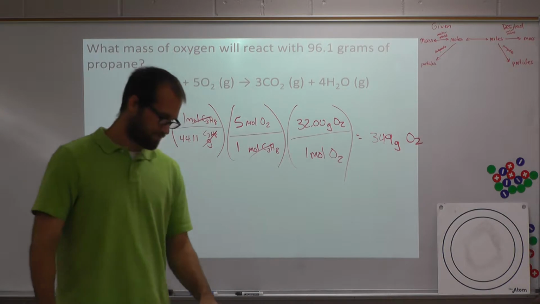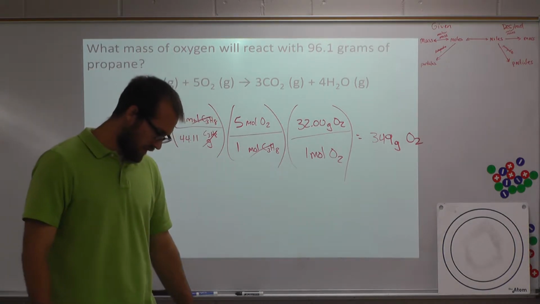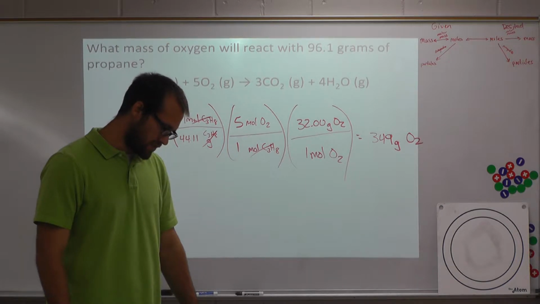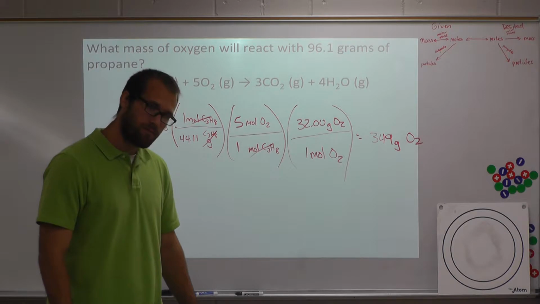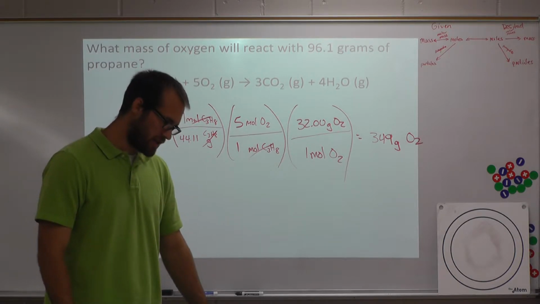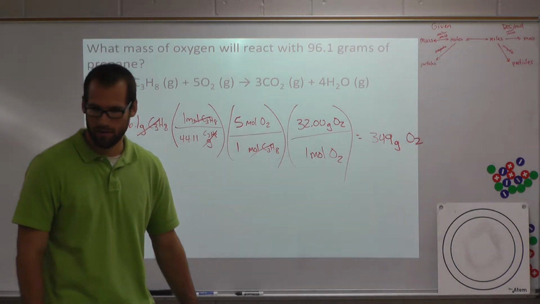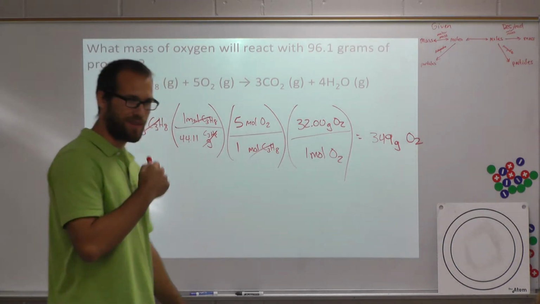Okay, well, looking at what we have coming up, it's essentially the same problem, just solving for different things. You just change the top part of the mole ratio and then the last molar mass.